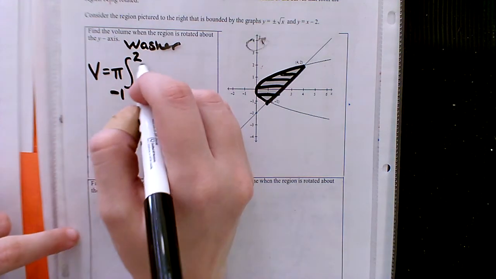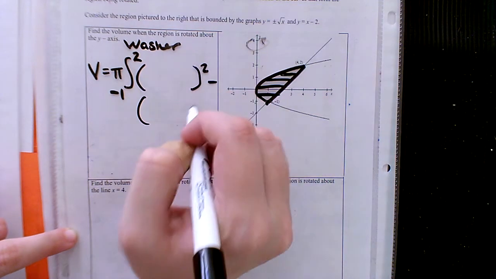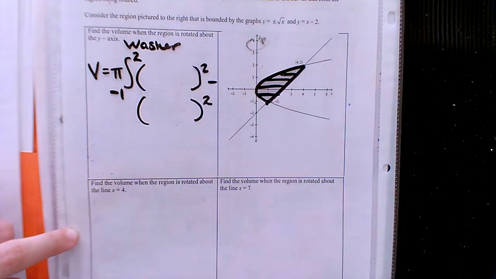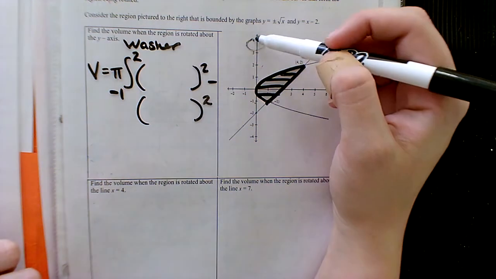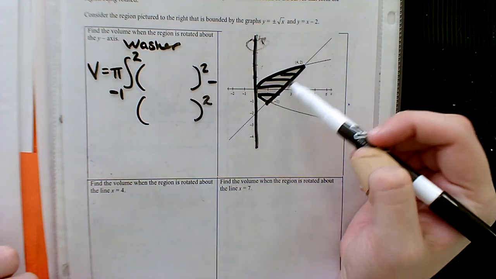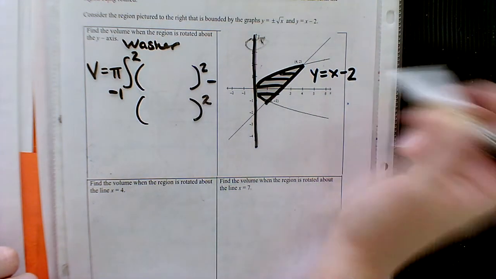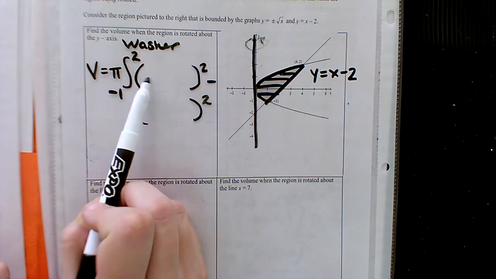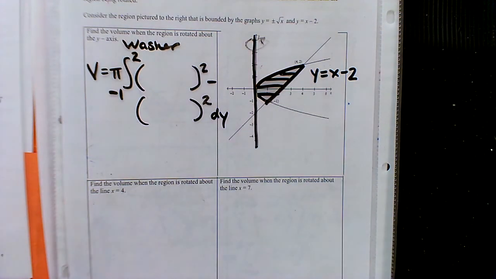And since we have a washer, we still need to figure out the outer radius and subtract the inner radius. So in relation to this y-axis, the furthest function away is the line, but we can't write in x minus 2 because this is a y-axis area.